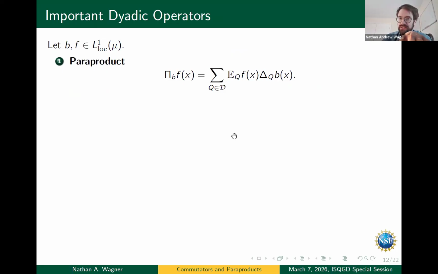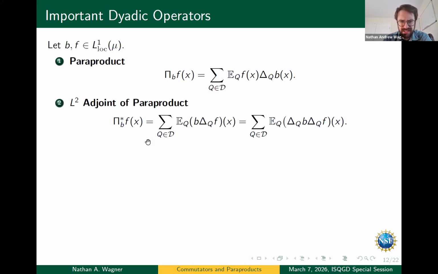Paraproduct really means partial product. That's the way we should be thinking about it. So the paraproduct with symbol b applied to f is the sum over dyadic cubes Q of the expectation on Q of f times the martingale difference on Q of b. There's also the L2 adjoint of the paraproduct. If you compute the adjoint operator, this is what you get.